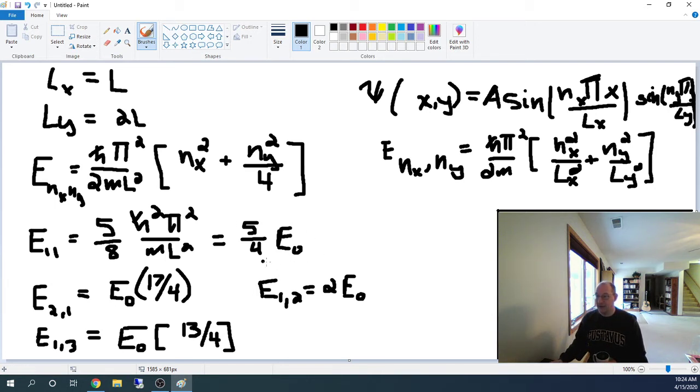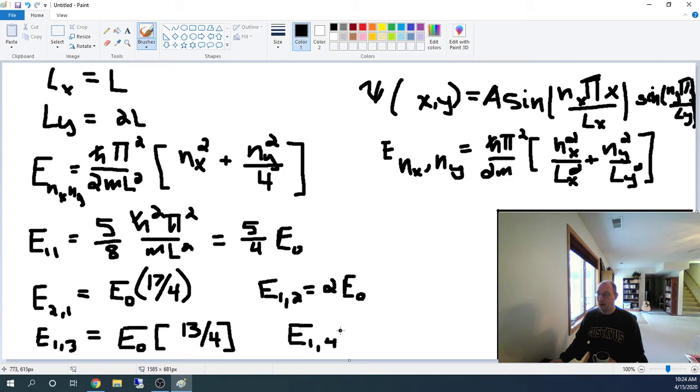The ground state energy is actually 5/4 E0. The first excited state is 2E0. And the second excited state is 13/4 times E0. It's not until I get to the third excited state that it looks like E21. Oh, well, actually we should check one more. What about E14?